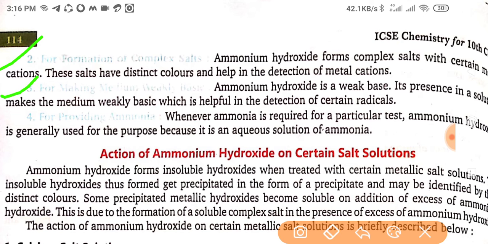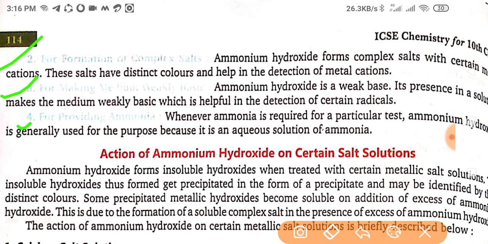Next is for making the medium weakly basic. Ammonium hydroxide is a weak base. Its presence in a solution makes the medium weakly basic, which is helpful in the detection of certain radicals. Next is for providing ammonia. Whenever ammonia is required for a particular test, ammonium hydroxide is generally used because it is an aqueous solution of ammonia.